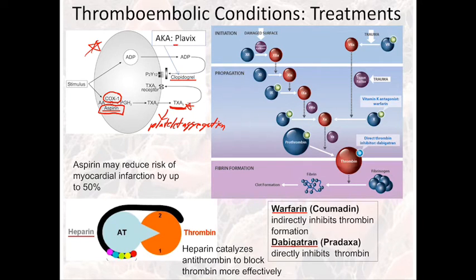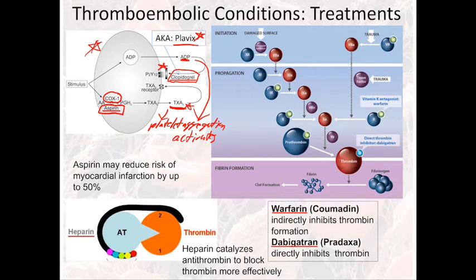Second one is a common drug called Plavix, also known as clopidogrel. That's the more pharmacological name. Plavix was the brand name. What this one does is it stops ADP from binding to platelets. ADP was another one of those platelet aggregators and platelet activators, right? Cause platelet aggregation, platelet activation.